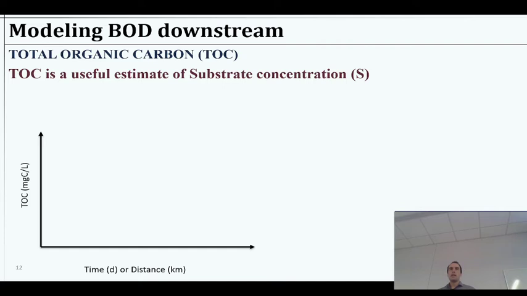Okay, so one of the common tools to use when taking a look at natural systems like this would be a method called total organic carbon analysis. So essentially, this is getting a quantification of how much CO2 is produced when you essentially burn any organics in the water. You send the water through a system, you heat it really hot.